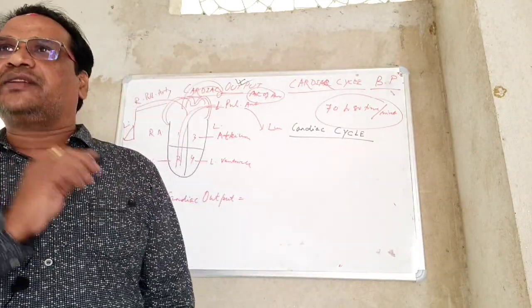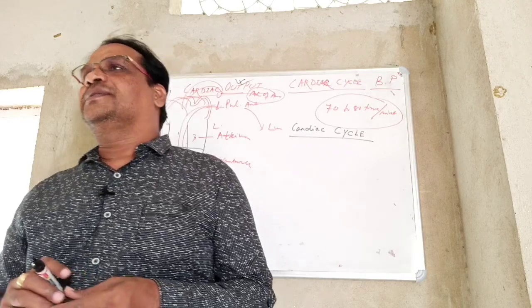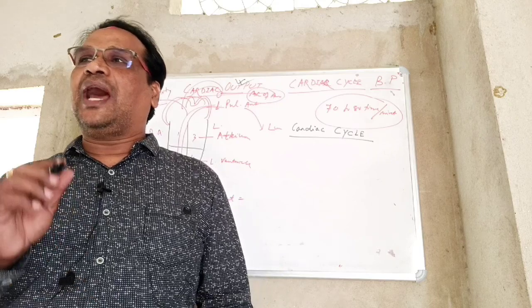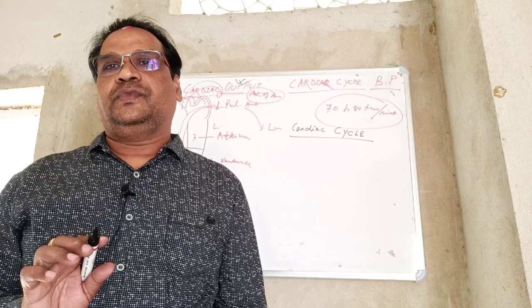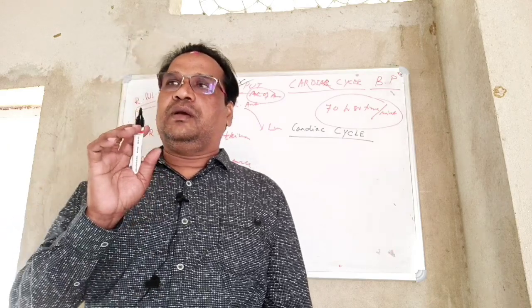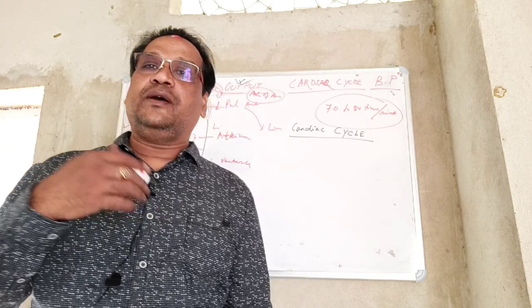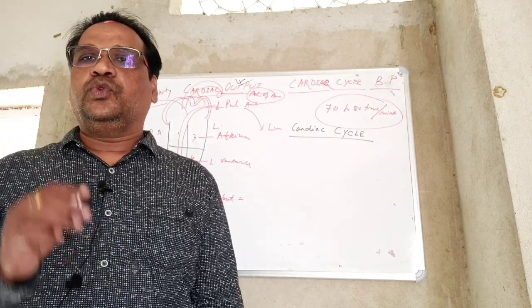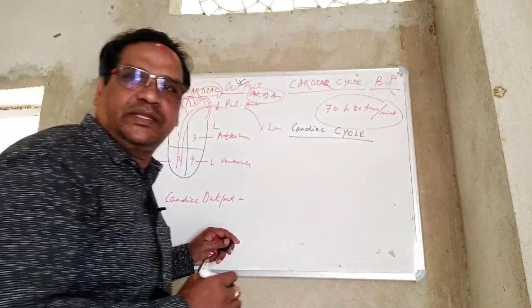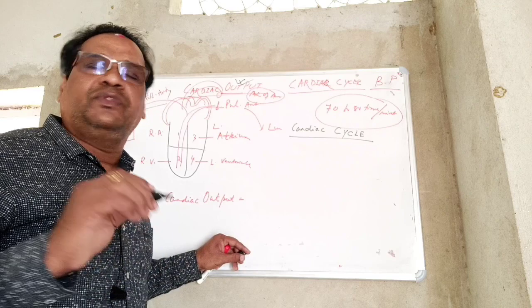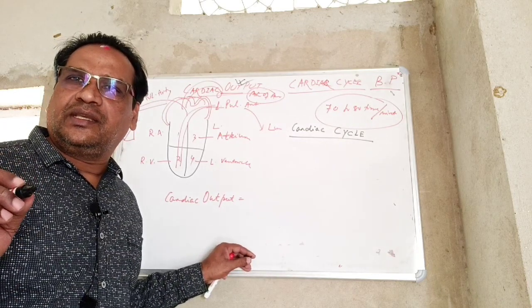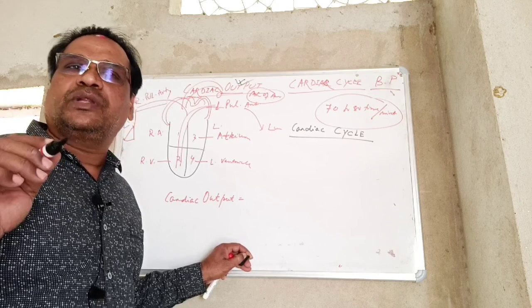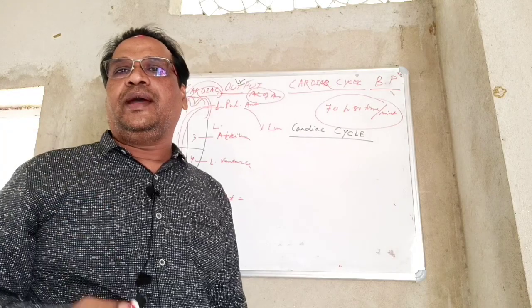The cardiac cycle comprises a complete relaxation and contraction of both the atria and ventricles. It starts from the diastolic pressure. Two types of pressure take place by the contraction and relaxation of the heart. By the help of pressure, blood is pumped out or comes back to the heart.